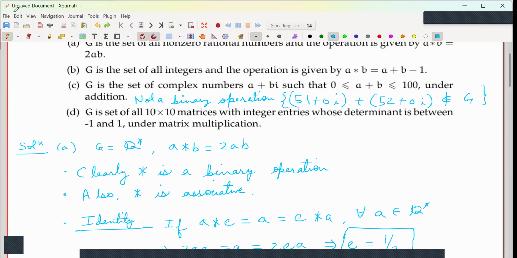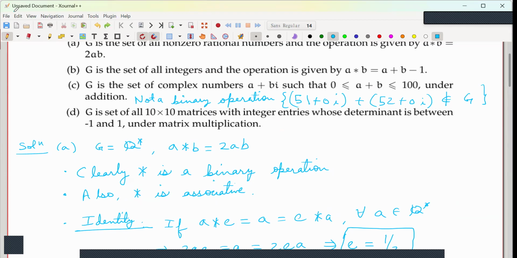So this is not closed. If the determinant is 0, then what will be the problem? It won't have an inverse, right? So clearly I can say that 0, 10, you know this notation, right? Which is just the 10 cross 10 zero matrix.